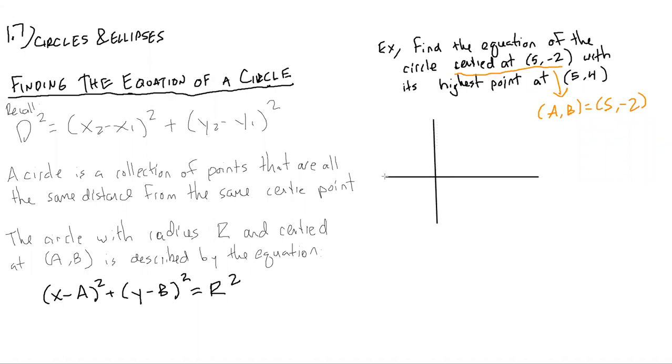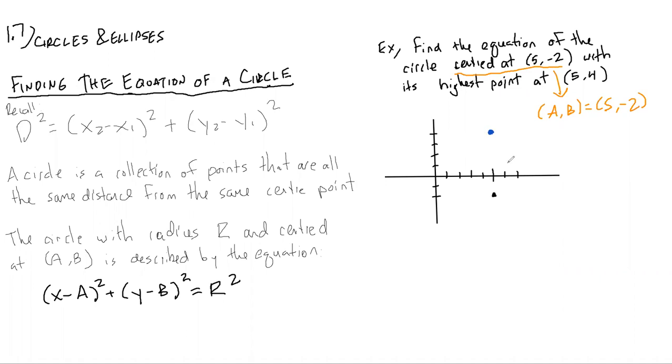So I need to go over a little bit to get that x equals 5. And I'm going to go down to -2. So this will be my center. And then the highest point is at 5 and 4. So that's going to be a point that's actually on the circle there.